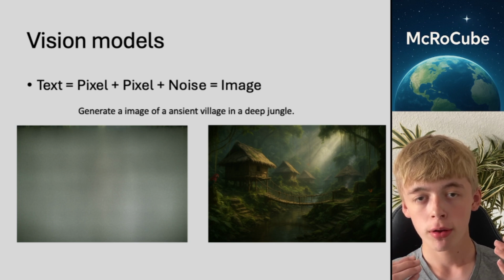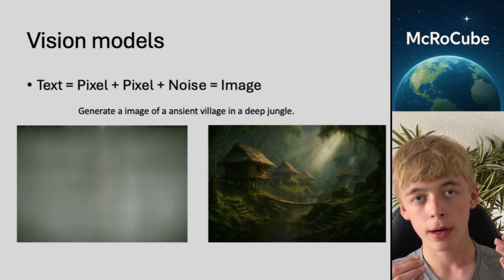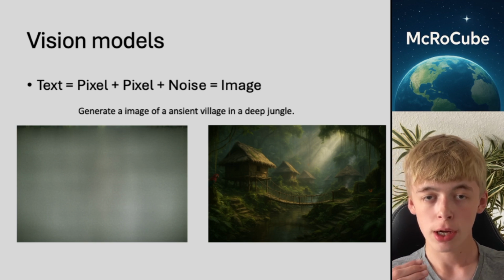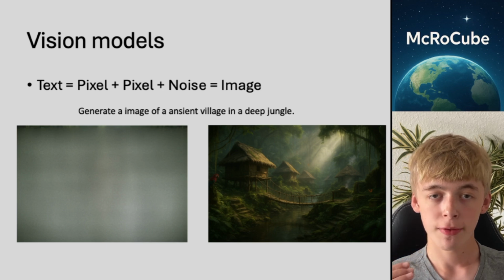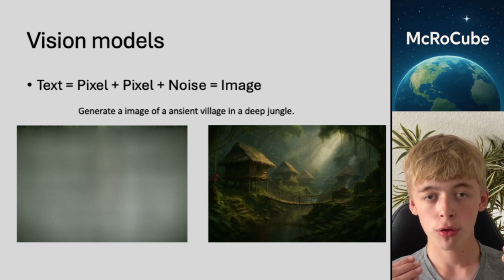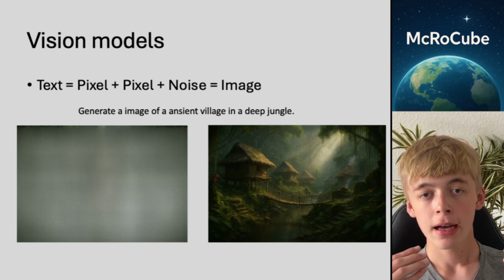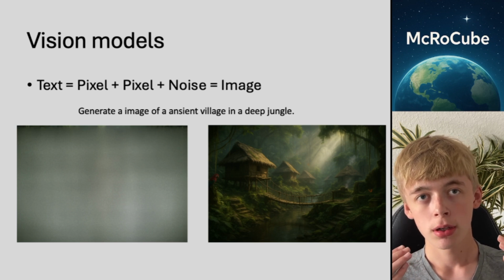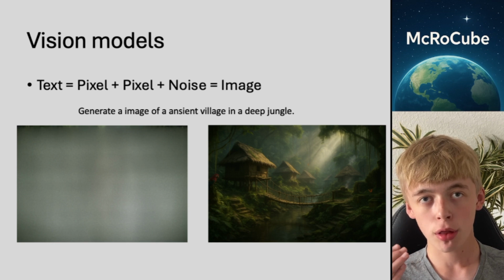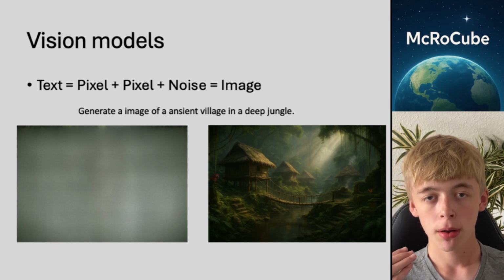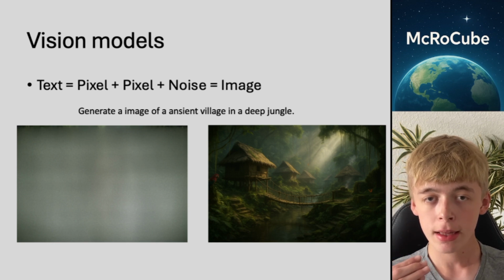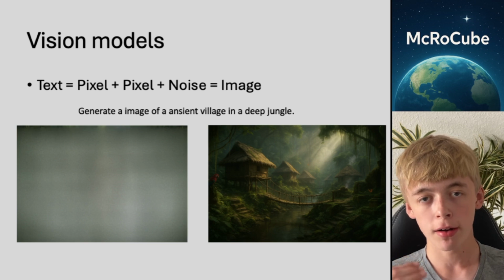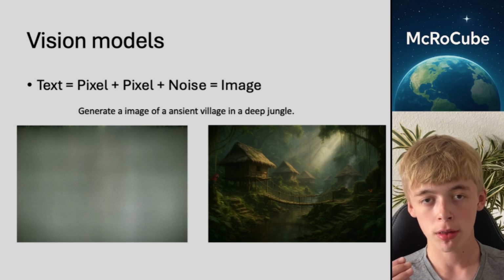So you first have the language, like the input that I've created, then it will generate something with a lot of noise, so it adds a lot of noise, and every step it tries to remove a lot of noise. It's like text is equal to pixel plus noise, and then we take this and generate an image out of that image with noise.